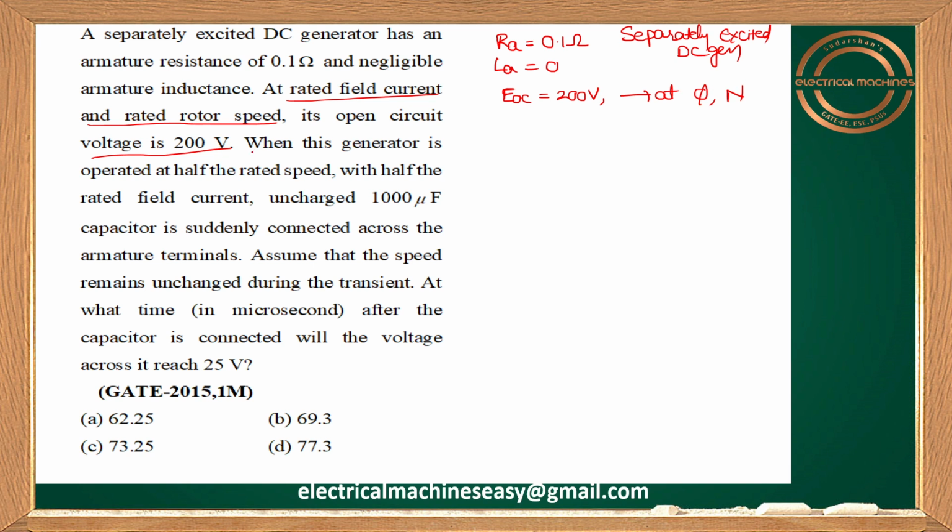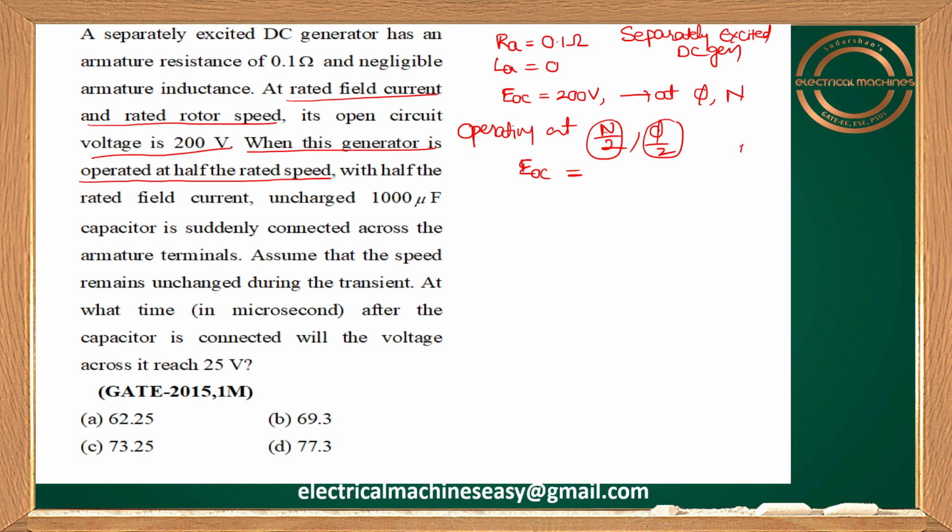But try to understand, guys, when this generator is operated at half the rated speed, at N by 2, with half of the rated field current, that means phi by 2, what about the open circuit voltage?